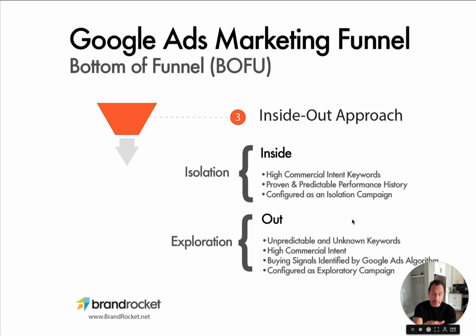Furthermore, with the exploration campaign with target CPA and broad match, we're tapping into the power of smart bidding. With target CPA, it's not just a keyword thing, Google's looking at high intent activity. Somebody, for example, is looking for mental health help. Maybe they've gone to a competitor's website. Maybe they've done a search on their mobile phone and then they search on desktop, and on both they're logged into Google.